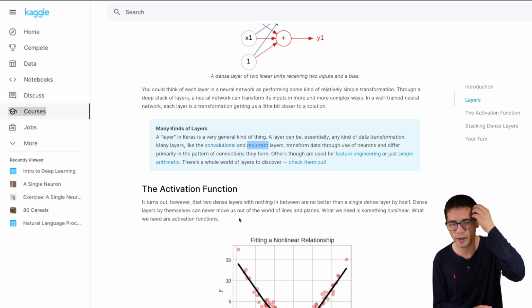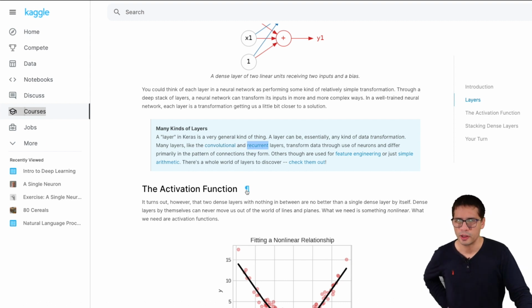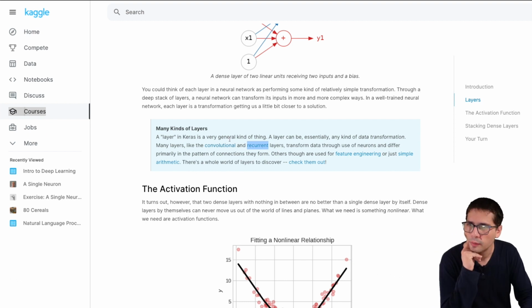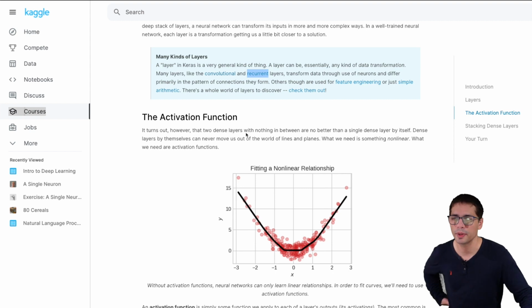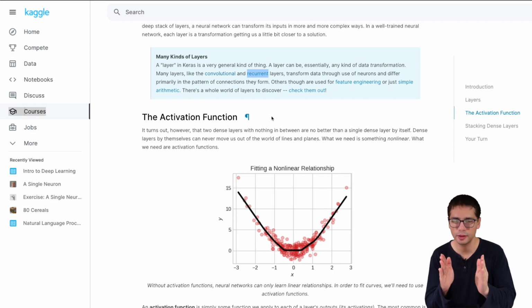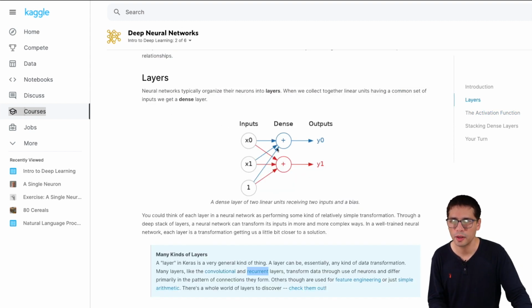Okay, so let's try and digest this. First question is, what does it mean by having nothing between them? Maybe it's talking about the network itself here. Maybe when it says if there are two layers like this with nothing between them, there's no good use for it.